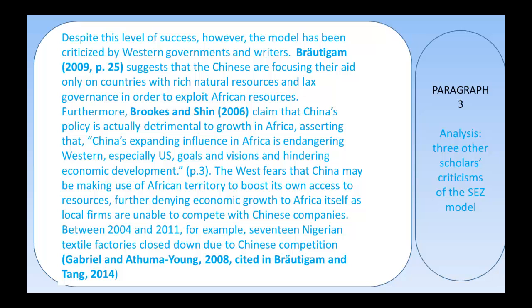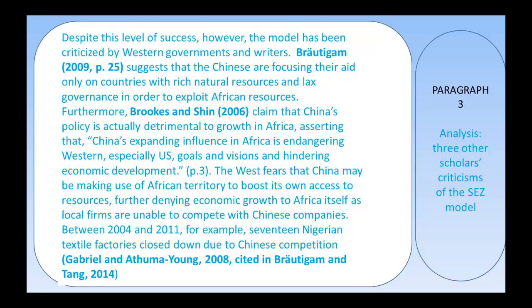Let's look at paragraph 3. Further analysis. We've got 3 scholars' criticisms of the Chinese SEZ model, and these 3 scholars' criticisms are different, and the writer is using the sources he has read, and you can see those sources in bold, to show what other people think about the SEZ model.